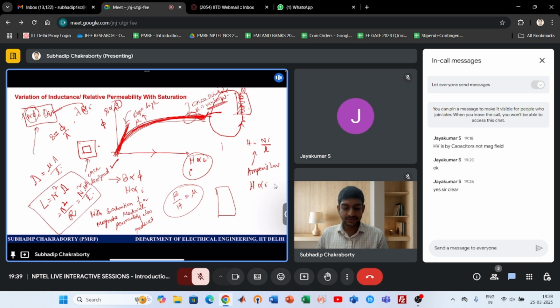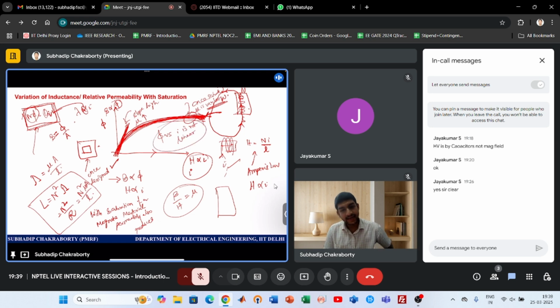So you see, if you wound some coil over a magnetic material and try to pass some current, and once you cross some threshold and it slowly starts saturating this core, then the inductance offered will also change with the changing value of current. Please try to understand that. So this N phi equal to Li, although it looks like a linear relationship, is not, because phi versus I is not linear.